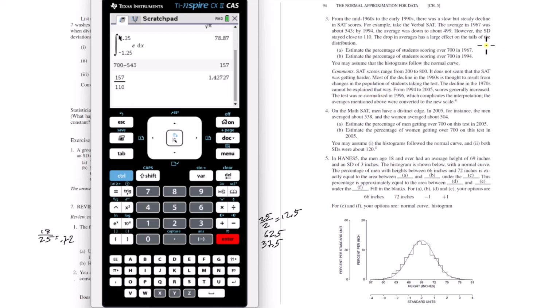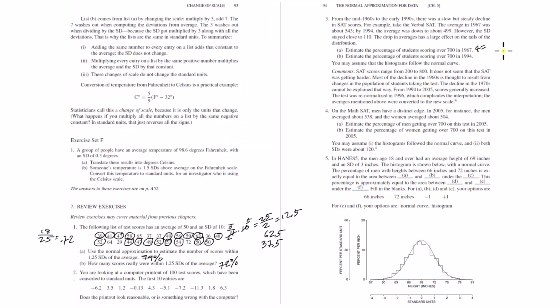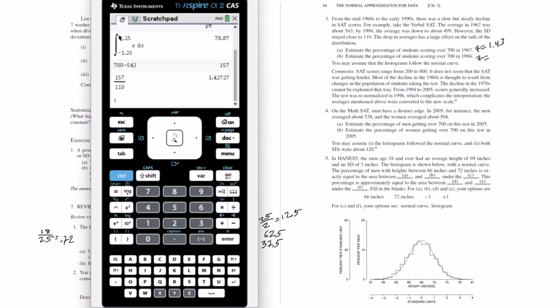Okay, so this is 1.43 standard deviations above the average. Okay, what about 1994? The standard deviation is the same, but the distance from the average is going to be different. We're comparing 700 to 499. So how many standard deviations is that? 1.83.